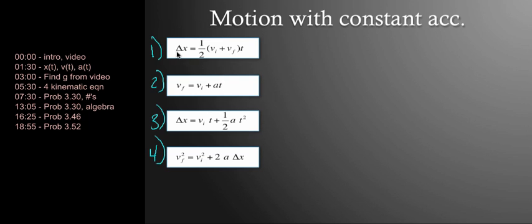In this equation we have x equals 1/2 (v initial plus v final) t. And so this one doesn't have acceleration. This one doesn't have x. This one doesn't have v final. And this one doesn't have time.